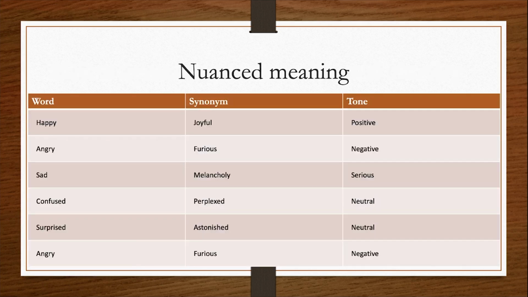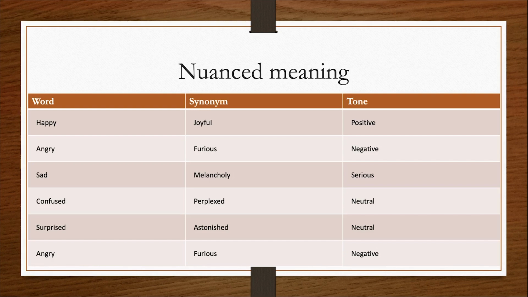Okay, now let's move on. If you see this table, there is a word given, a synonym given, and a tone given. For example, the word happy. If you use the synonym joyful, it gives a positive tone, a positive connotation. Whereas for the word angry, the synonym furious gives a negative connotation. She's furious.